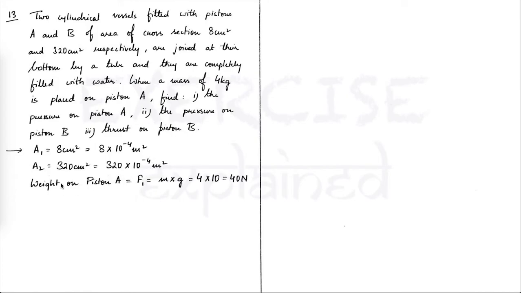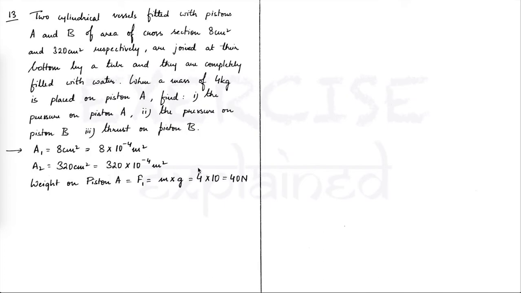Now we need to find the weight on piston A. For finding the weight on piston A, we'll be using M into G formula, because weight formula is mass into acceleration due to gravity. You have learned this in the previous chapter, that F is equal to M into A and W is equal to M into G. So here, since we are finding weight, we'll be using W is equal to M into G, where small letter g is acceleration due to gravity and small letter m is mass.